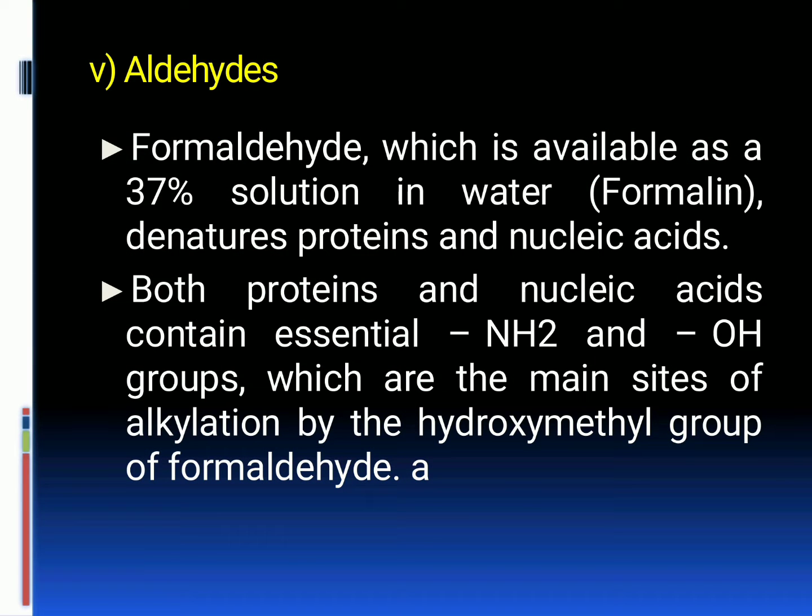Next, aldehyde. Formaldehyde is available as a 37% solution in water, called formalin. Formalin denatures protein and nucleic acid. Both protein and nucleic acid contain essential NH and OH groups, which are the main sites of alkylation by the hydroxymethyl group of formaldehyde.